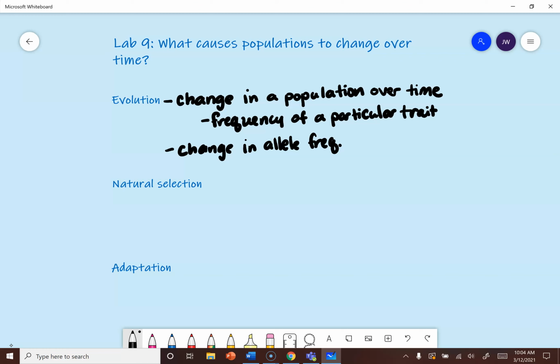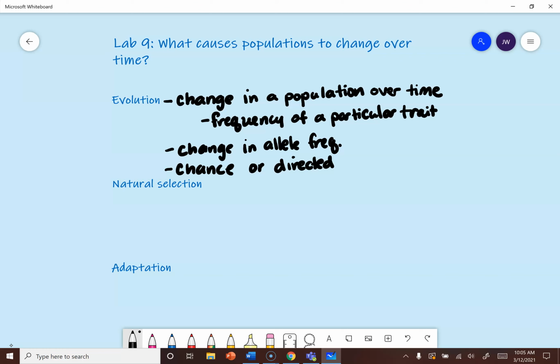Now, evolution can happen by chance, or it can be directed. So chance events that might cause evolution to occur are changes in weather, natural disasters, human impact, things like that.